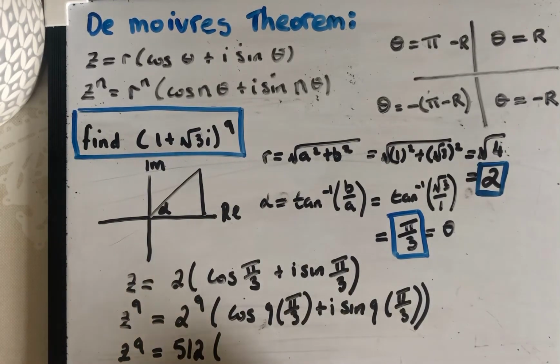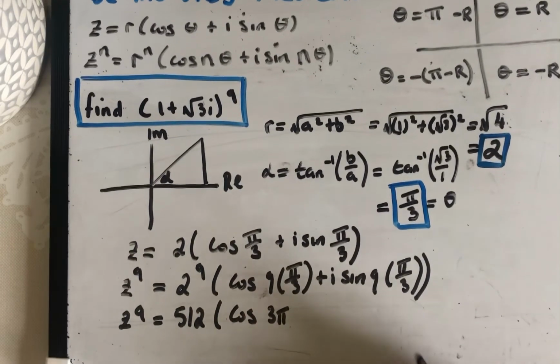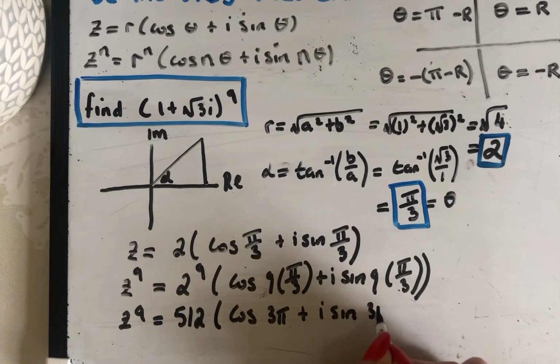Now, in your calculator, you're going to simply type in cos 3 pi. We can see here that 3 divides into 9 3 times, so again, 3 pi.